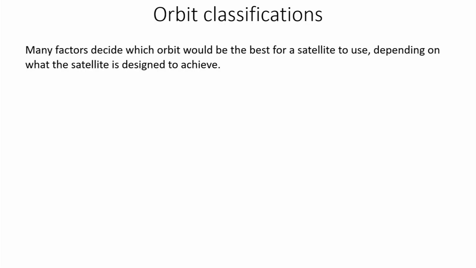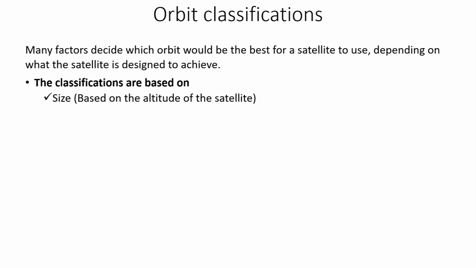Now, there are different ways you can do the orbit classification. First, the classification based on size. Size means the altitude, the height of the satellite in the orbit. Then the shape, which can be circular or elliptical.